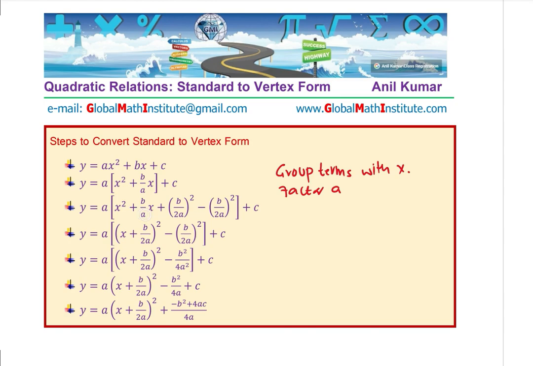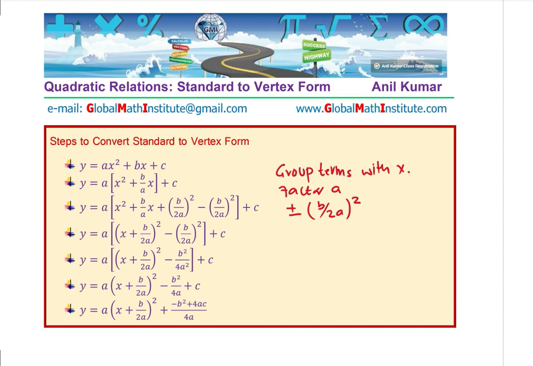So any coefficient of a, right? That ensures within the brackets we have x squared with coefficient of 1. And then you do b by 2a. And then you add and subtract b by 2a whole square. And that forms a perfect square. And based on the given equation, we write that perfect square, right? And continue.